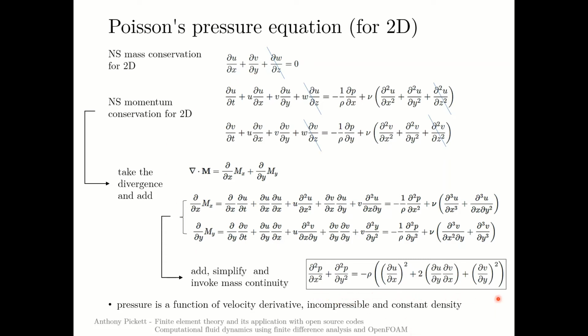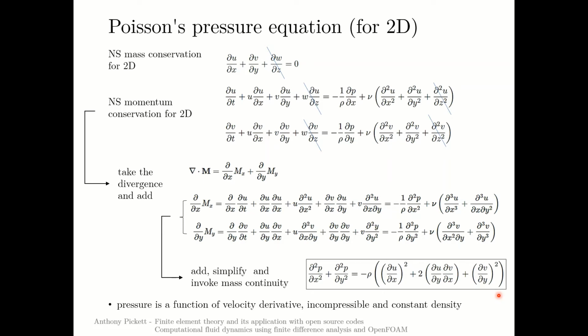Now this is a Poisson's equation in terms of pressure. So we now end up with pressure being involved, and this pressure is only a function of derivatives of velocities.